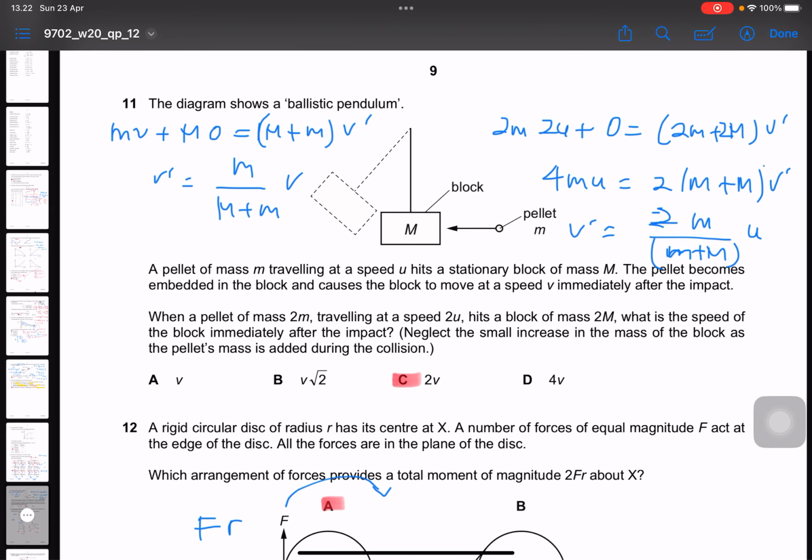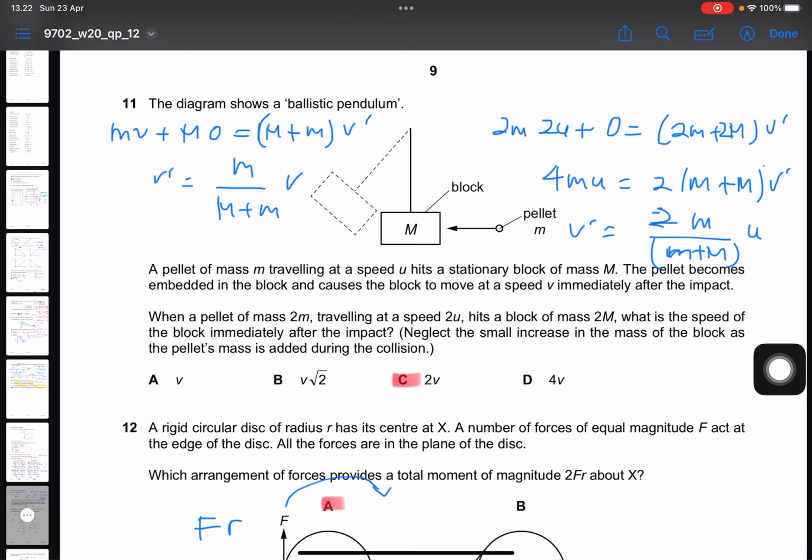The diagram shows a ballistic pendulum. A pellet of mass small m traveling at speed u hits a stationary block of mass capital M. The pellet becomes embedded in the block, causing the block to move with speed v immediately after the impact.